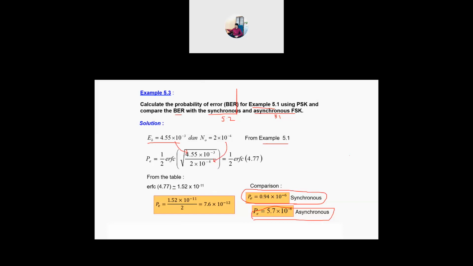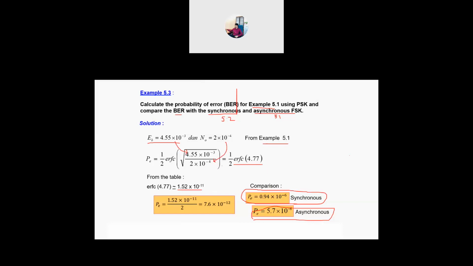The same information as example 5.1, then you get 4.77. Then referring to the error function table, erf of 4.77 is approximately equal to 1.52 times 10 to the power of -1.